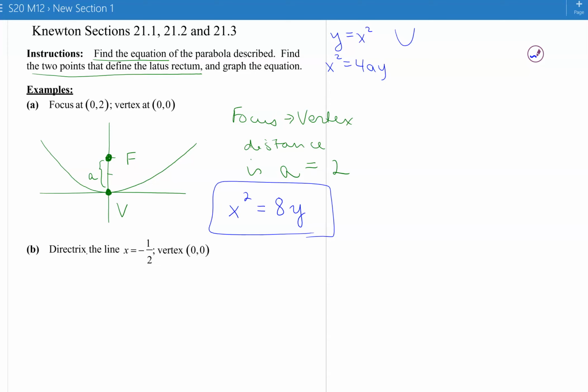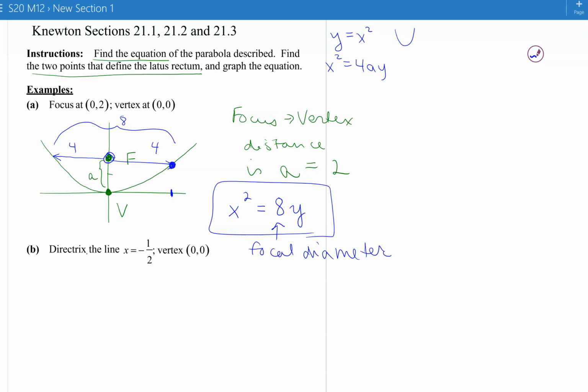And then the 2 points that define the latus rectum, this 8 is the focal diameter. So you stand at the focus and go 4 to the left and 4 to the right, so that the entire way across the focal diameter is 8. And then we just look at our sketch here to see what are the coordinates of these points.